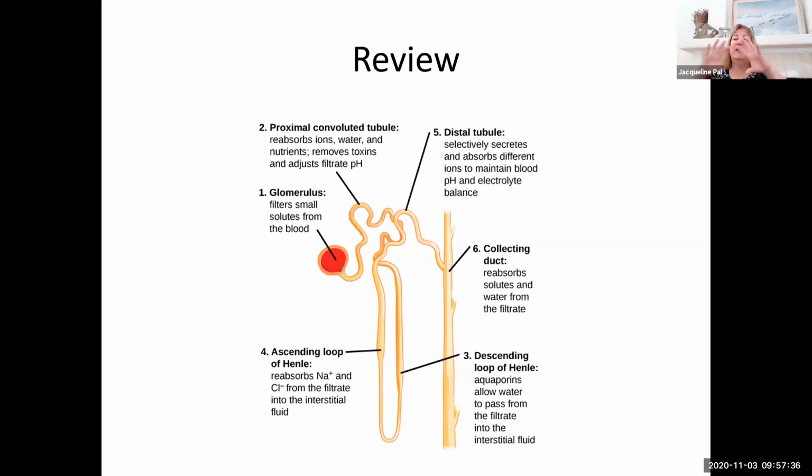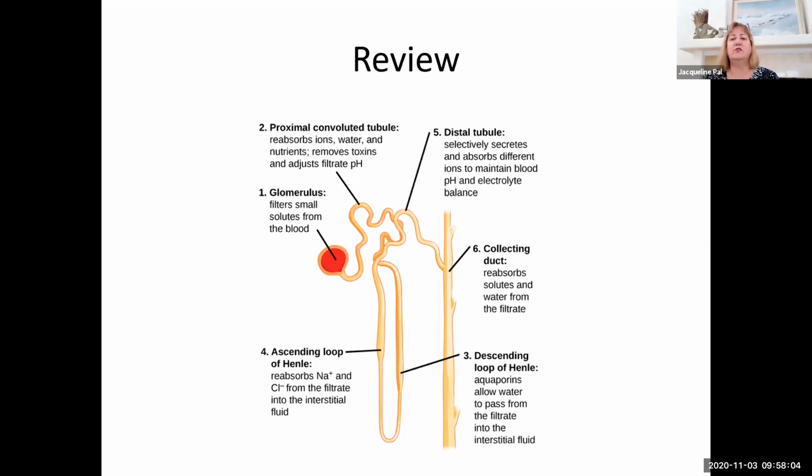So putting all these functions into kind of like a SparkNotes review, the glomerulus is where filtration is going to happen. The proximal convoluted tubule is going to be doing lots of reabsorption of water, ions, and other solutes, including sodium and glucose. Then the loop of Henle has to do with salt and water being sent back out of the tubules.